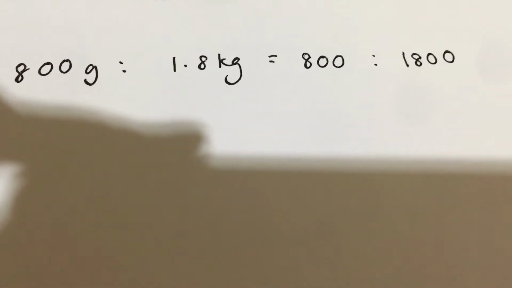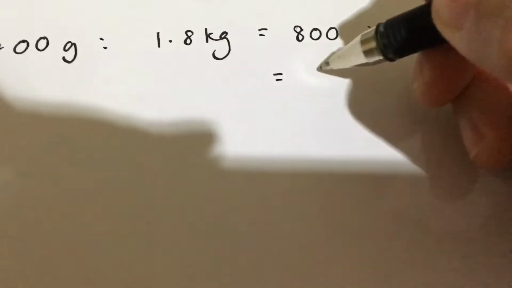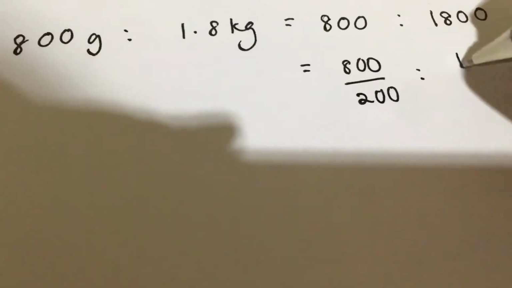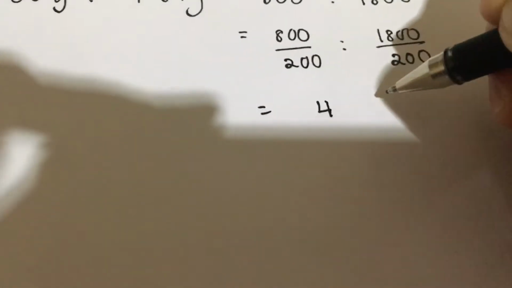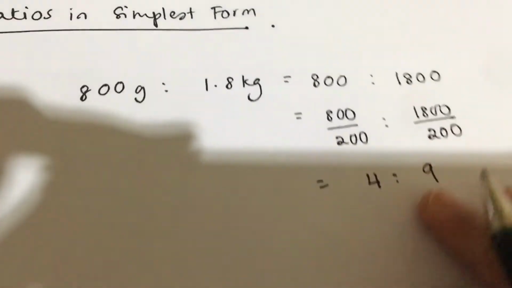That would be dividing 800 by 200 and 1,800 by 200. So your final answer would be 4 to 9. Okay, that is easy, very easy.